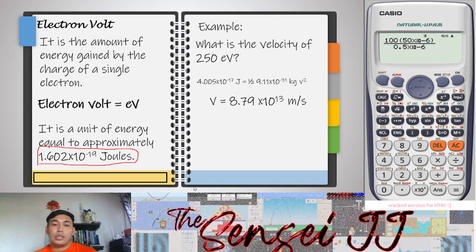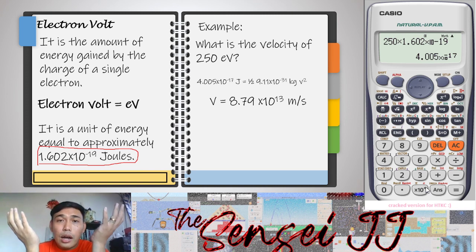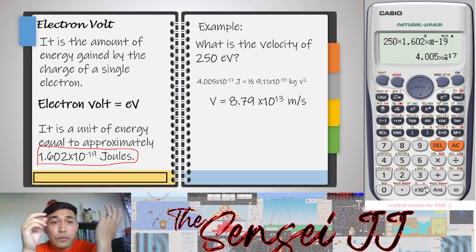Okay, so let's solve this one. So alam natin na yung value 250 times 1.602 times 10 raised to negative 19. We can get our value of our 250 electron volts of 4.005 times 10 raised to negative 17.